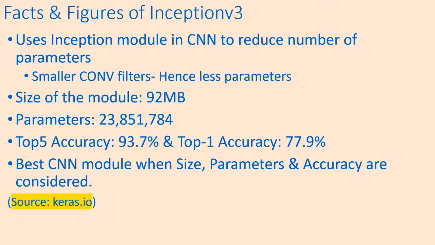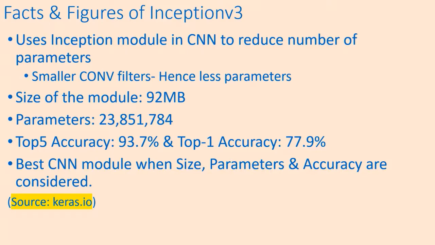Each convolution layer will have a filter of maybe 3 by 3 size, 5 by 5 size, etc. Inception v3 uses smaller convolutional filters like 3 by 3 instead of 5 by 5, so the number of parameters is reduced. Inception v3 has fewer parameters when compared to VGGNet and other CNN models. Fewer parameters means less time for training.